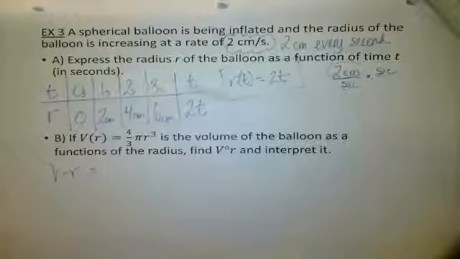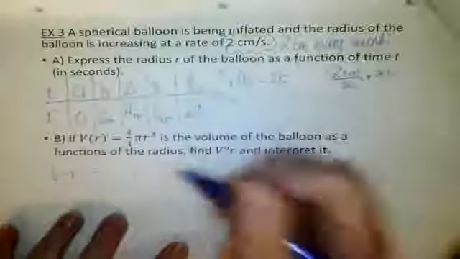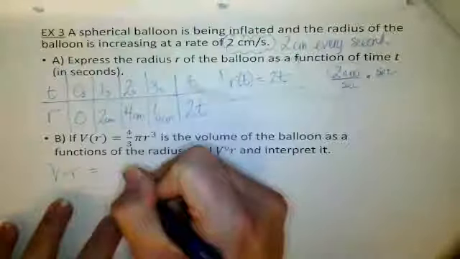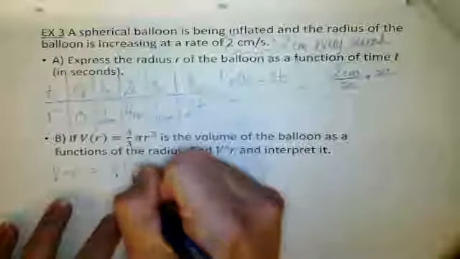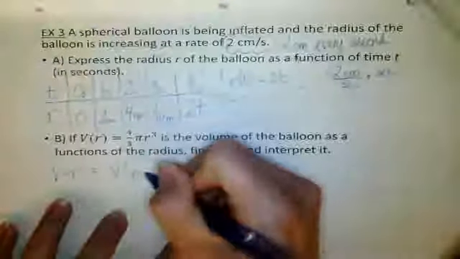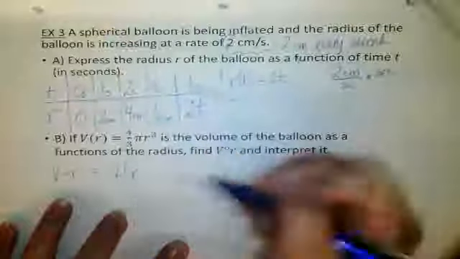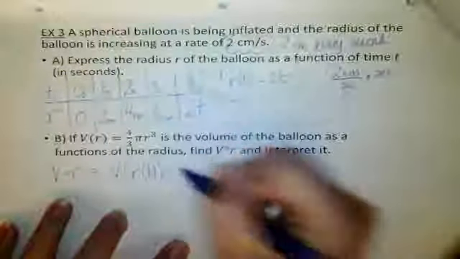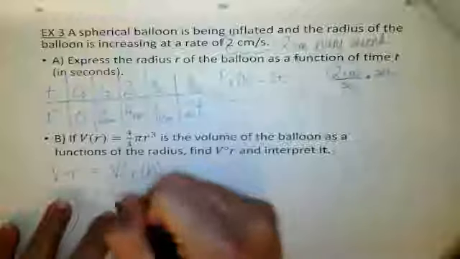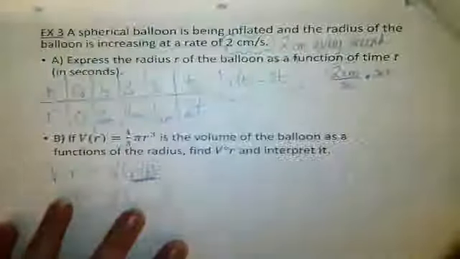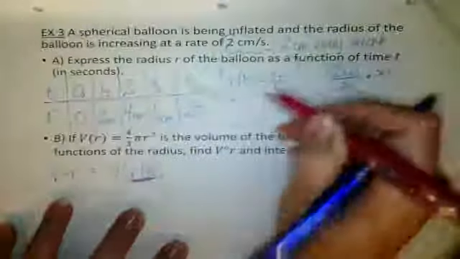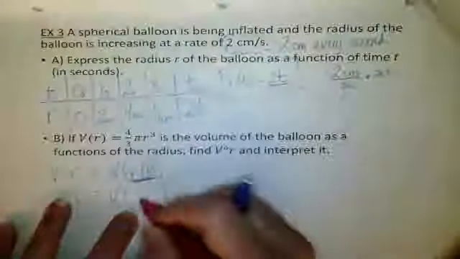What does V of r of t tell you to do? Plug in r. So we know that r of t is what? 2t, 2 times the time.